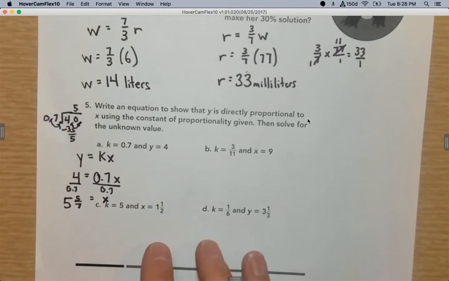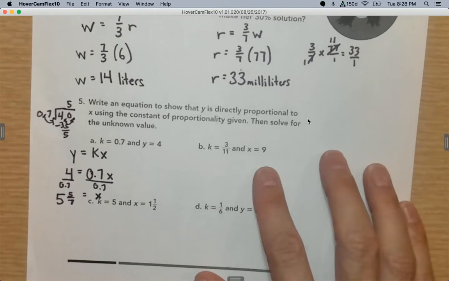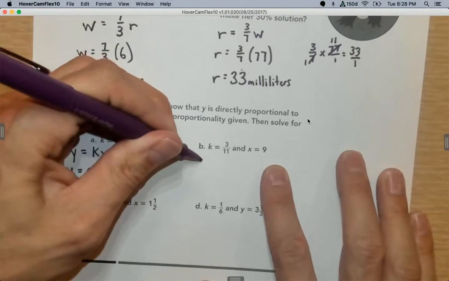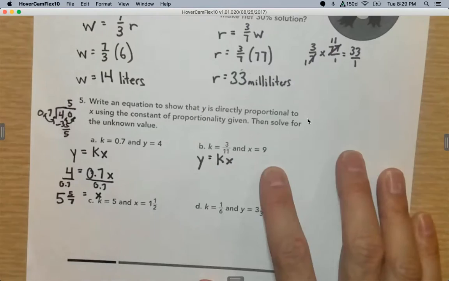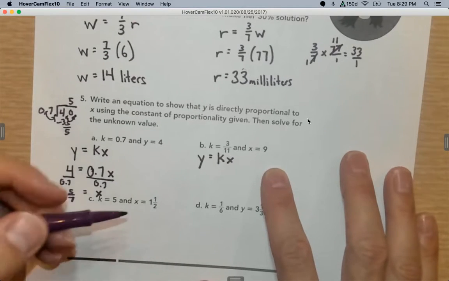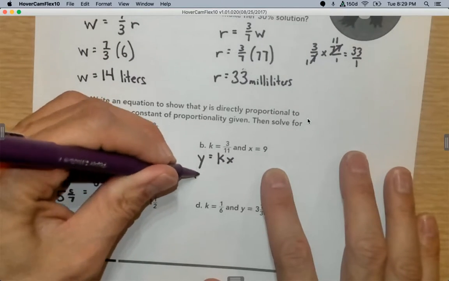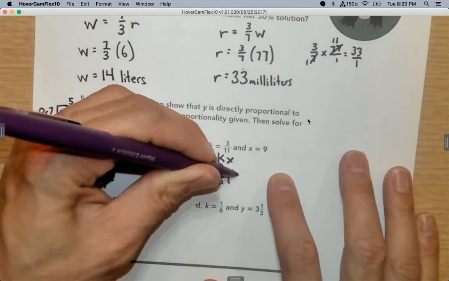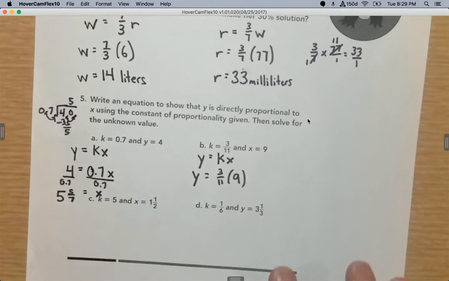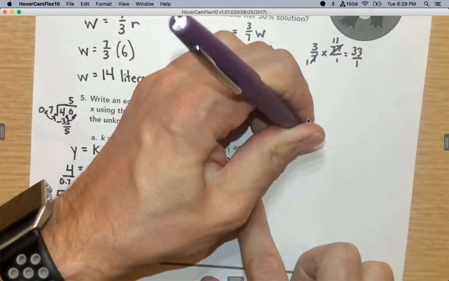For B, y is equal to the constant of proportionality times x. Now I substitute for what I know. Y is equal to 3/11 times 9. 3/11 times 9 over 1.